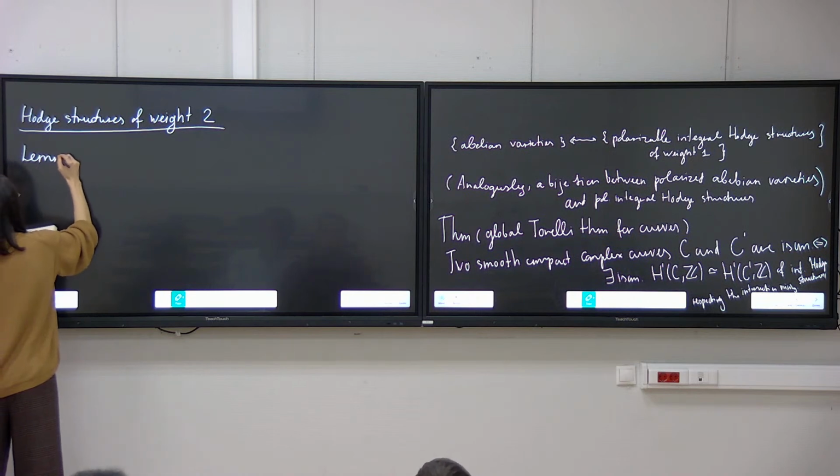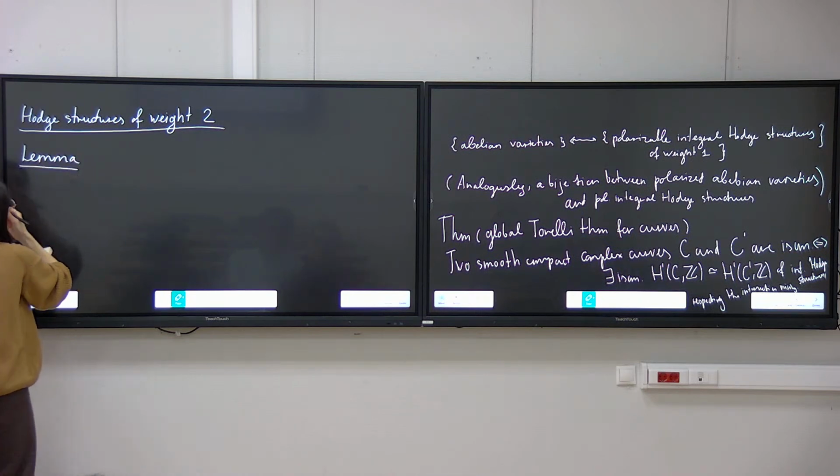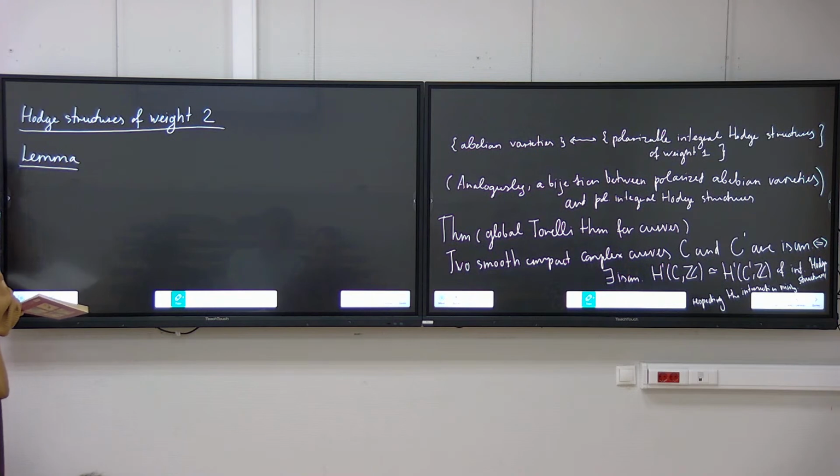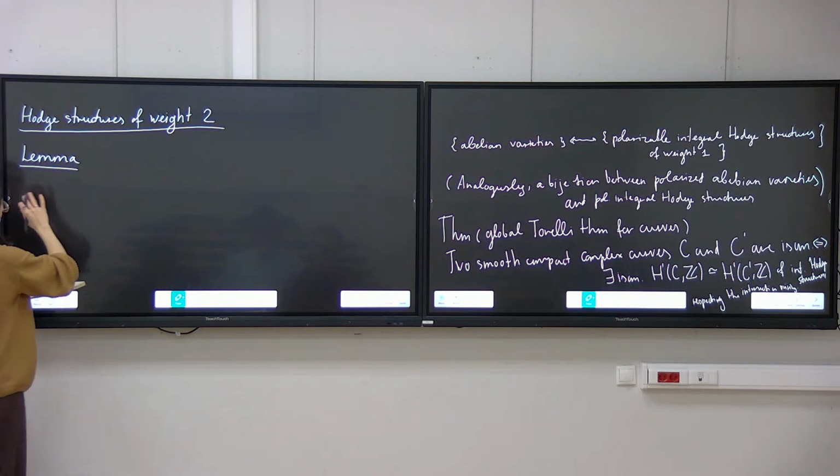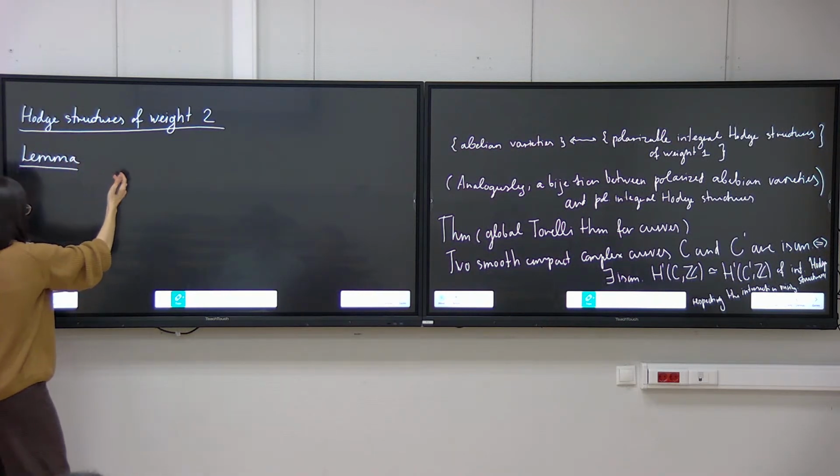So first, a lemma. Maybe I will send you an exercise next week, maybe on the weekend, because I think that the complex Hodge structures of weight 2 for abelian surfaces, or complex tori of dimension 2, are better left as an exercise. Now let us discuss what we have for K3 surfaces.